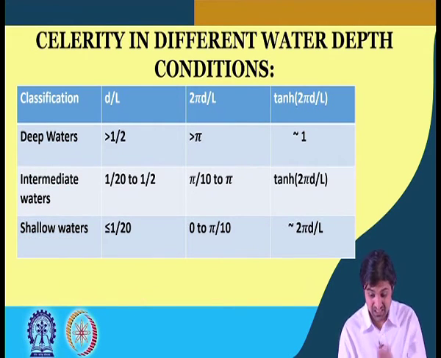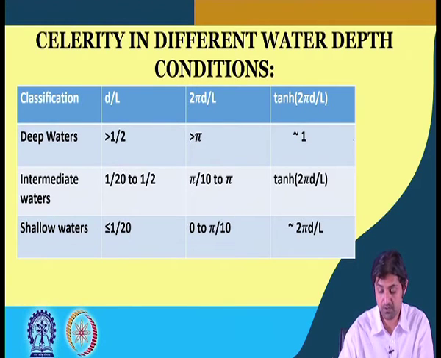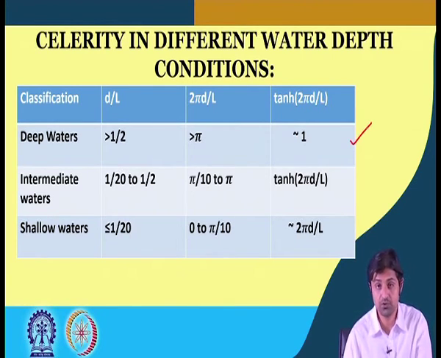So when 2 pi d by L is greater than pi, tanh of 2 pi d by L can be approximated as 1. You can use your calculators to find that.